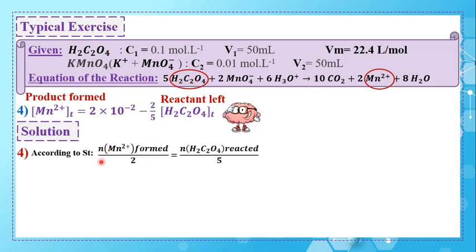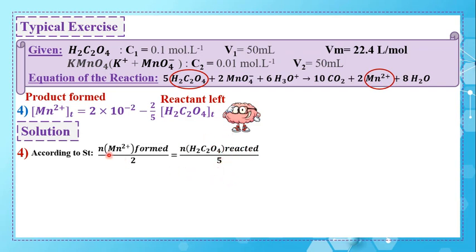So I repeat, according to stoichiometry, the number of mole of Mn2 plus formed over 2 is equal to the number of mole of H2C2O4 reacted over 5. But here I wanted in function of the reactant left and not reacted. Pay attention how we are going to replace it.